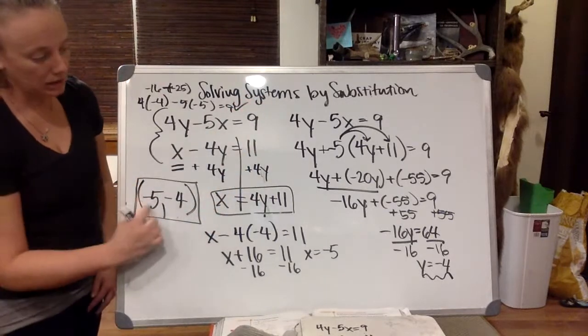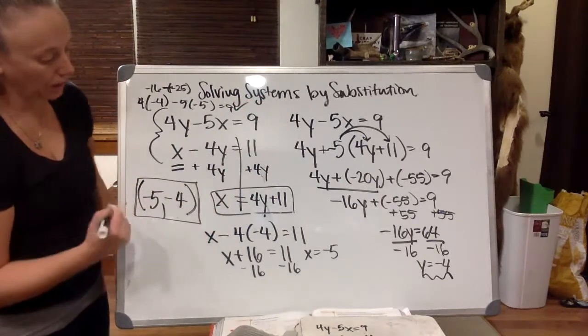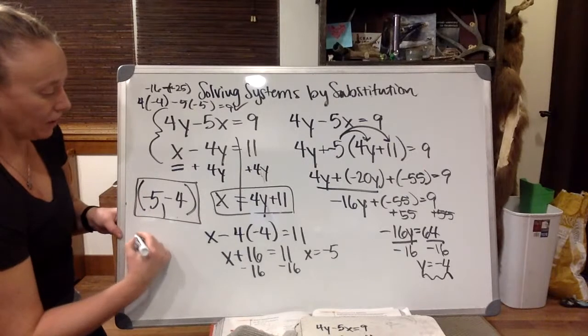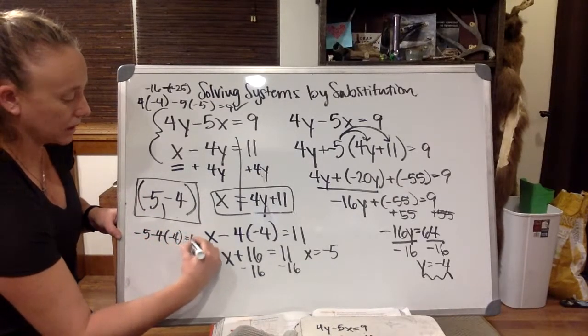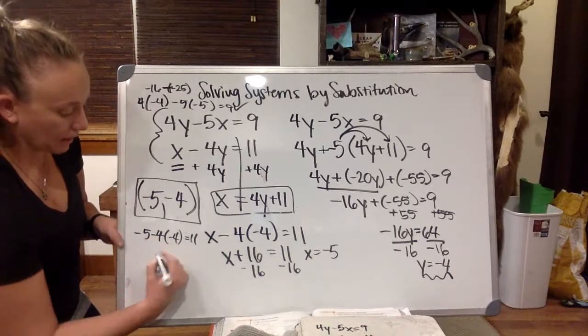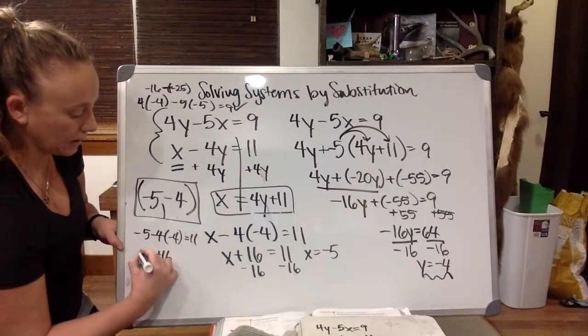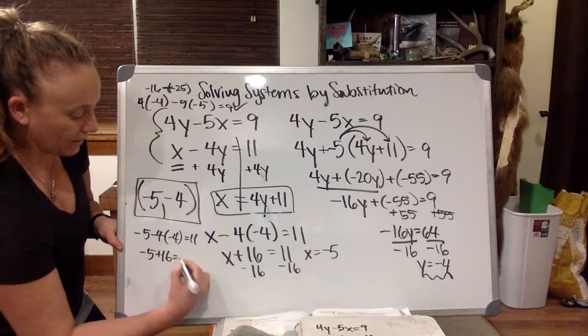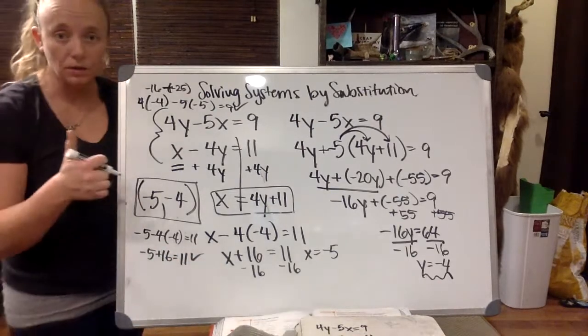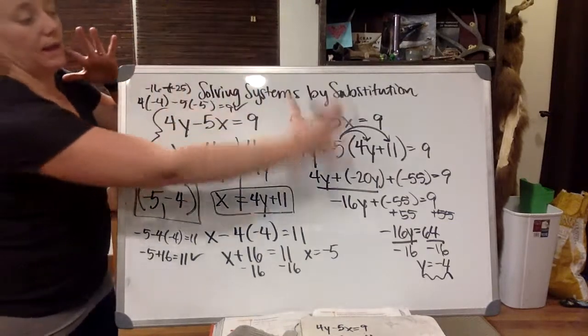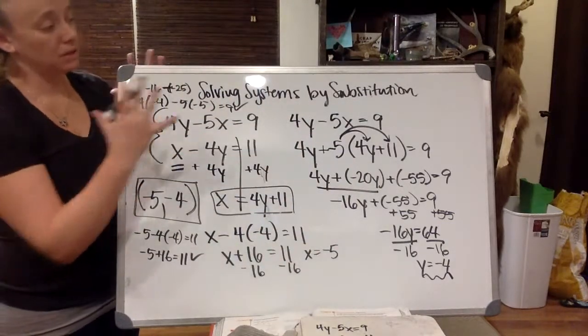That's good. Now let's also check and make sure it works for the second one. We have negative 5 minus 4 times negative 4 equals 11. Negative 4 times negative 4 is 16. And then negative 5 plus 16 is equal to 11. And so that also checks out. So, intense problem. This one was big.